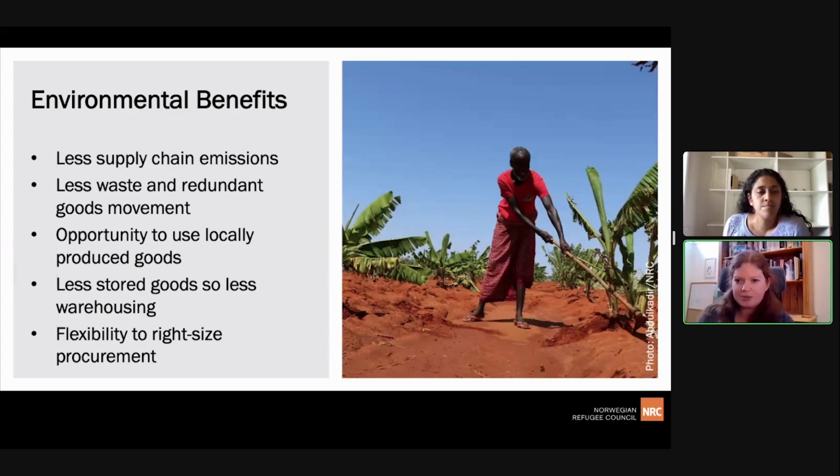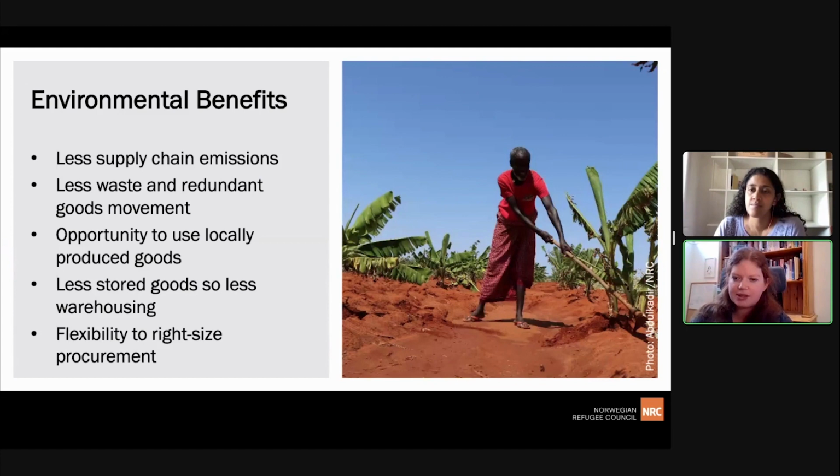So thinking again about that decentralized supply chain, there are two real factors that I want to draw out, which are the real environmental benefits. One is the lighter supply chain. I won't overemphasize the point, but we really do reduce the amount of warehousing and storage and the emissions from that, as well as the transportation and goods being moved around as pre-positioned stock and things like that.